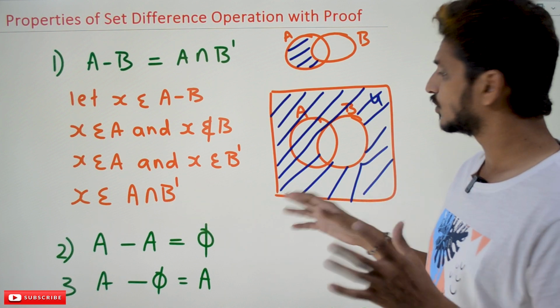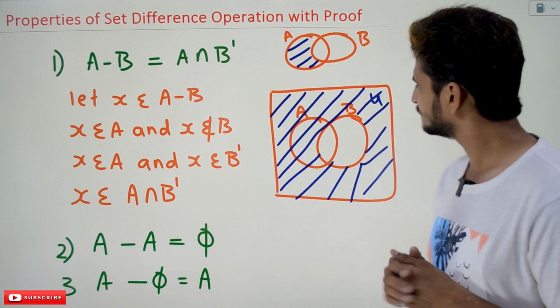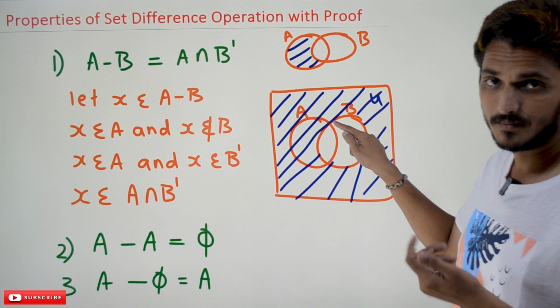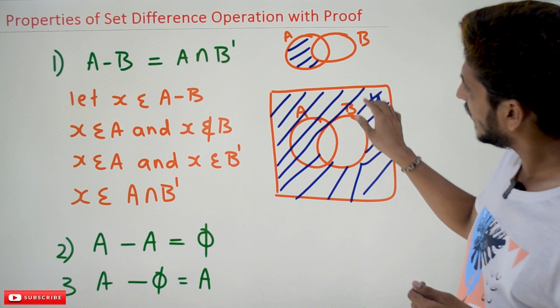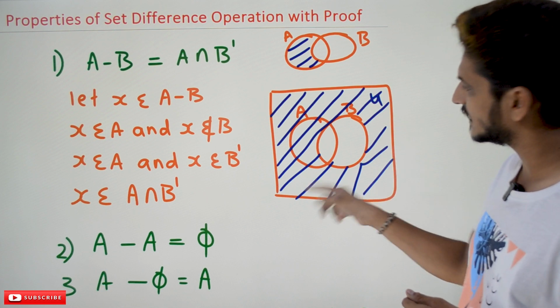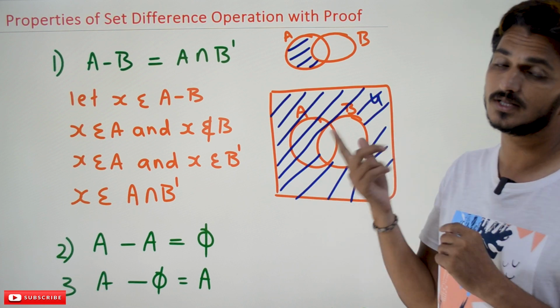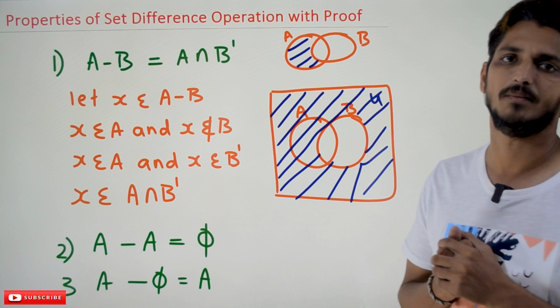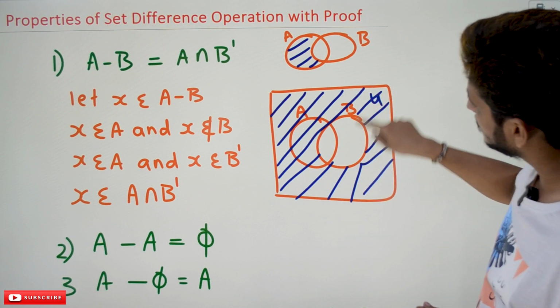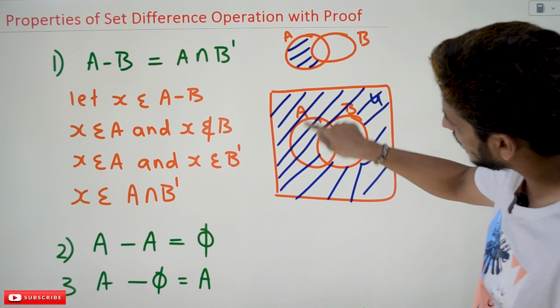Now we will show it in the Venn diagram form. This circle is B. B complement means the remaining area, this complete blue line area, which we call B complement, that is, universal set U minus B. In this universal set, we have A also.